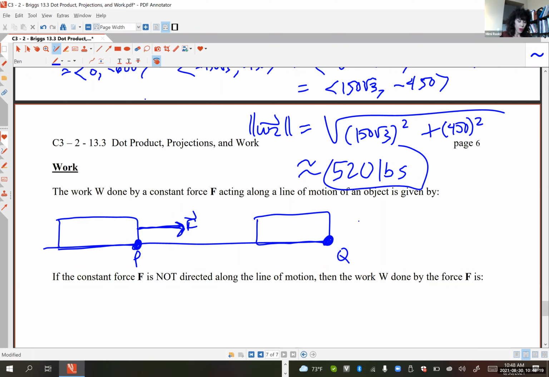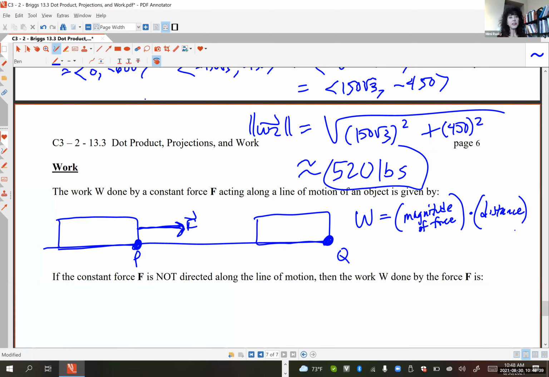Okay. So work, which is not a vector, so you don't put an arrow on top of it, is a scalar. It is found by taking the magnitude of the force that you're applying times the distance that the object moved.